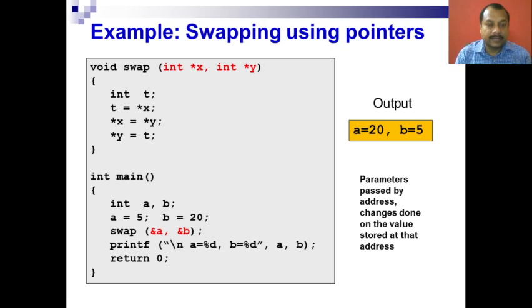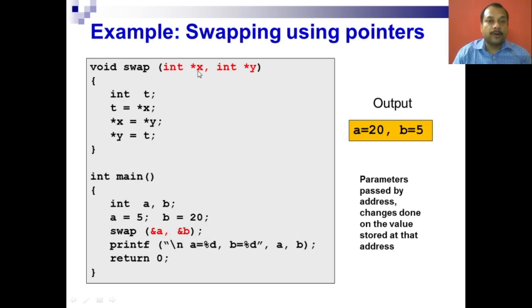So the difference is, in the last case when it was a and b, only the content was copied, but when I mention ampersand a and ampersand b, the address is passed to this function swap, and here I am doing the operation on the content. The star x indicates that x has as its content the address of some integer variable. So you go to that address location and make the changes. So the changes occurring because of these two assignment statements are at the memory locations of a and b.